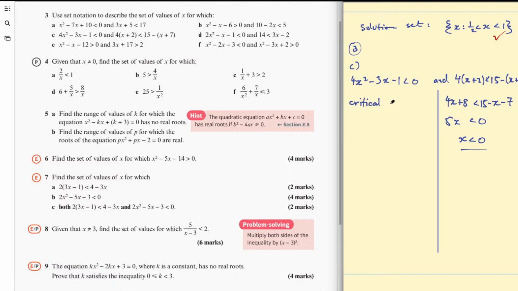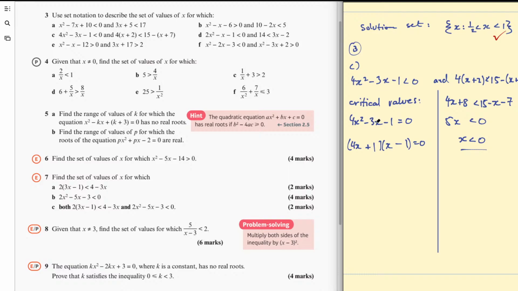Remember, we find our critical values. So we'd say this is when 4x squared take 3x take 1 equals 0. And can we factorize? Factors of 4 and 1 that make -3. So we could do 4 and 1, -1, and then +1.